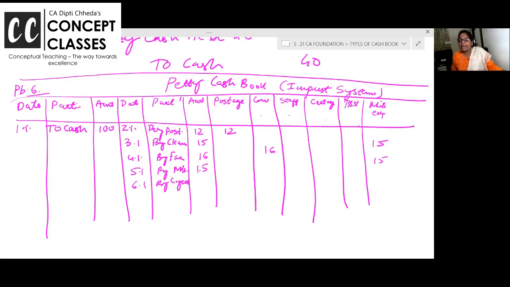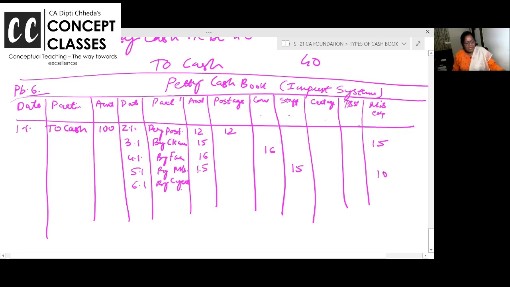You are repairing the cycle. Tea coffee expenses you can put in miscellaneous, or because we have made a separate column now, change it. We will put it in the staff welfare expense. Cycle repairing expense, we will post in the miscellaneous.